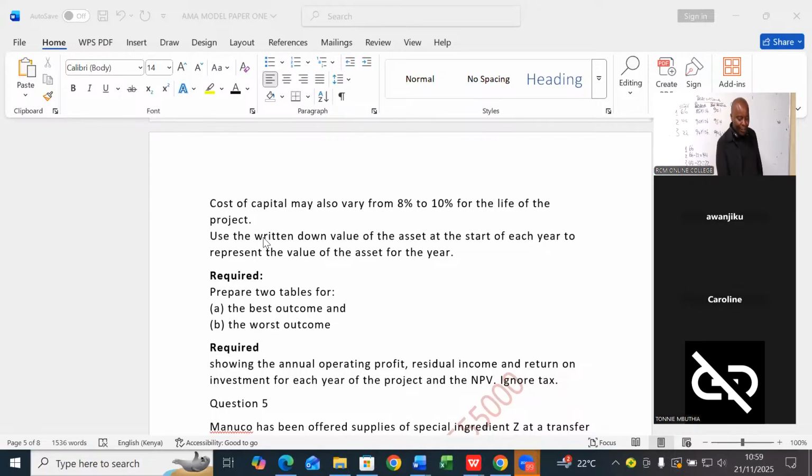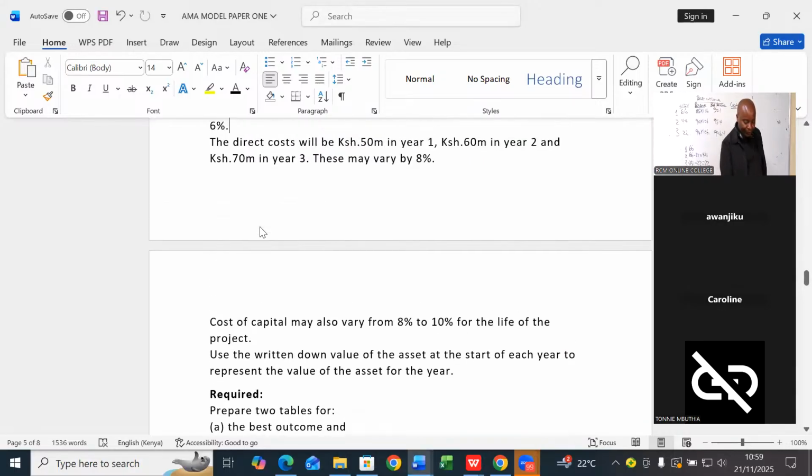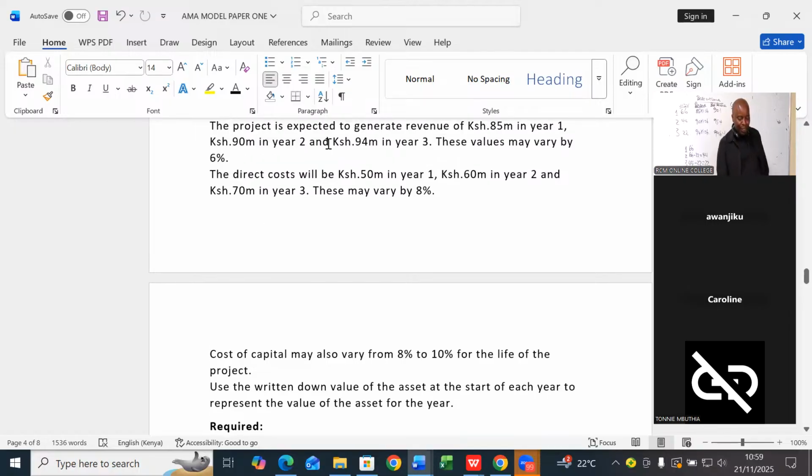So the cost that they've told us, ladies and gentlemen, is that the direct cost will be 50, 60, and 70. And this could vary by what here, somebody? By 8%. So then what is the best cost?